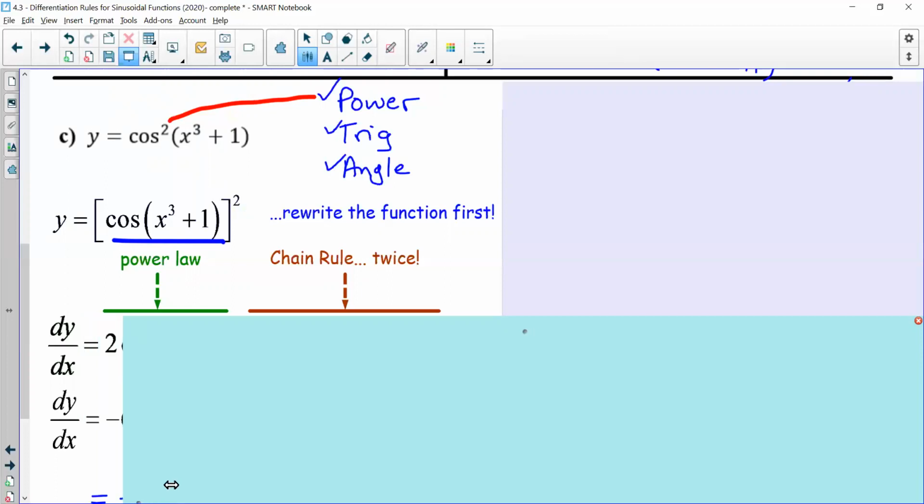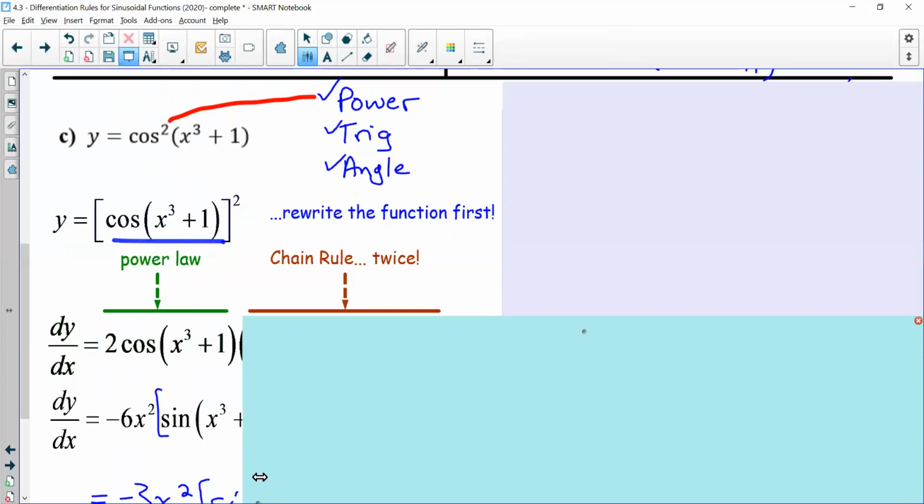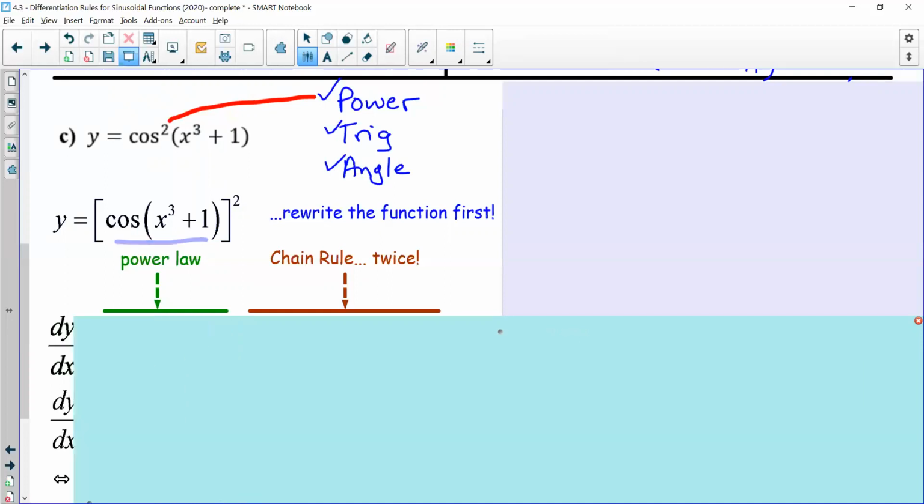So there's the 2 as the coefficient. Keep everything else the exact same, right here, to the power of 1. And that takes care of the power law. All right. So that's that.